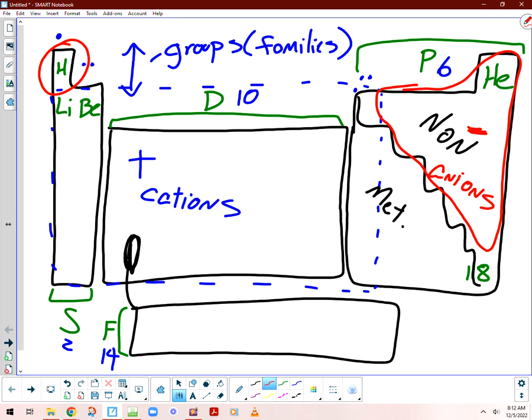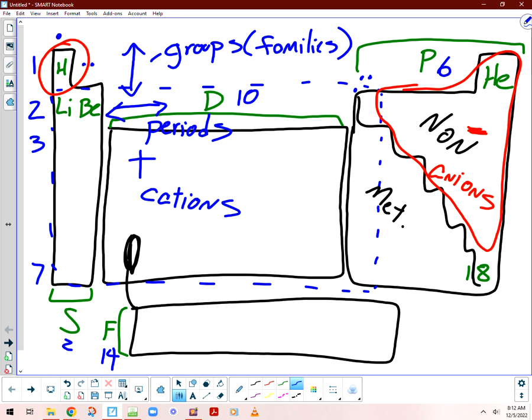The rows on the periodic table, kind of coming back to that, rows going left and right, these are what are called periods. Okay? And so you've got period 1, period 2, period 3, all the way down through, I believe, period 7. And that just tells you how many main energy levels that atom has. The ones up in period 1 are just hydrogen and helium.